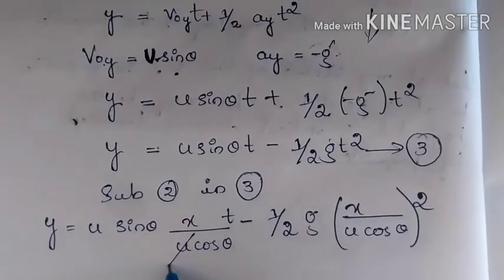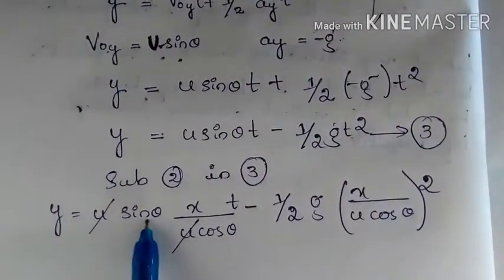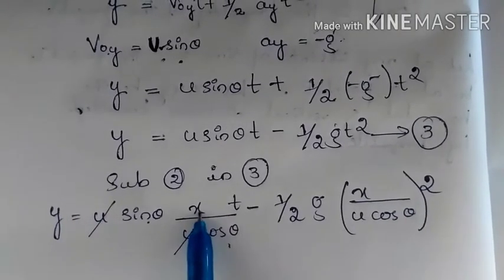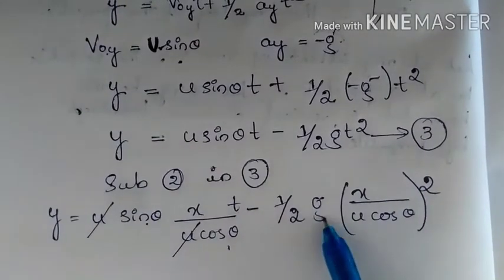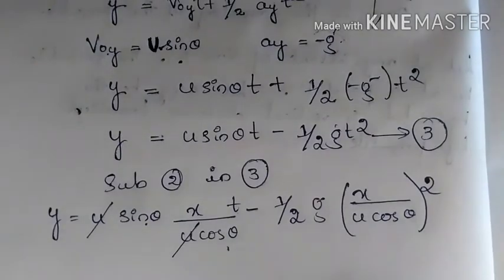So here u will get cancelled. Sin theta by cos theta is tan theta. So x remains. Now here half is there, g is there, x square divided by u square cos square theta.